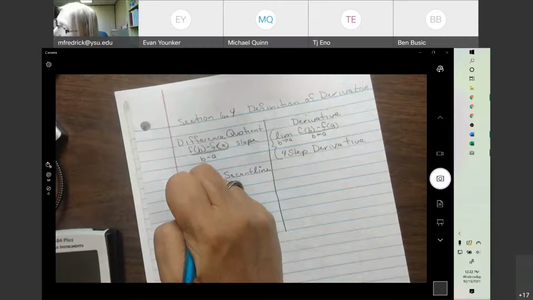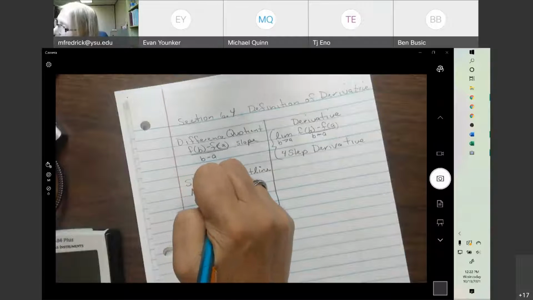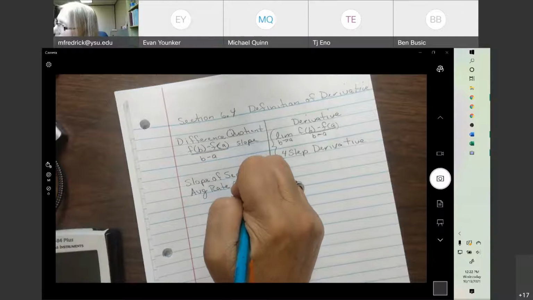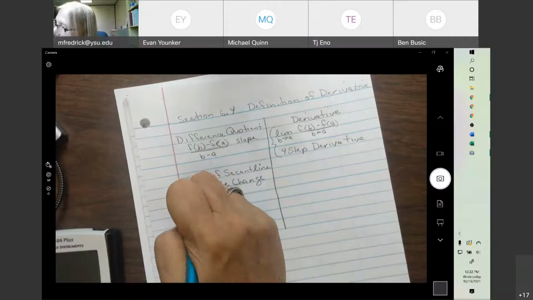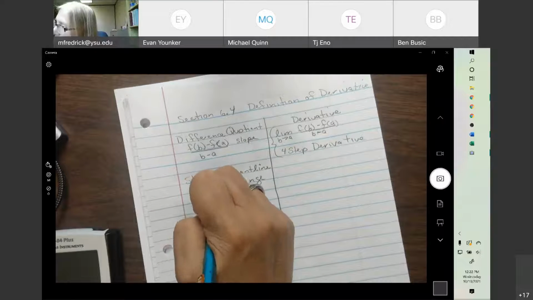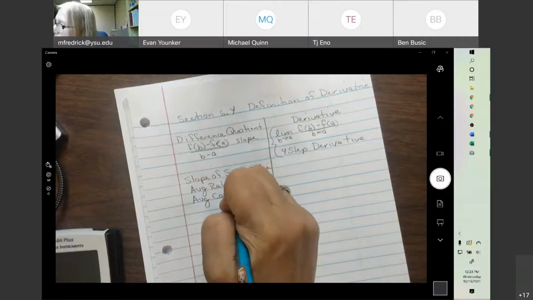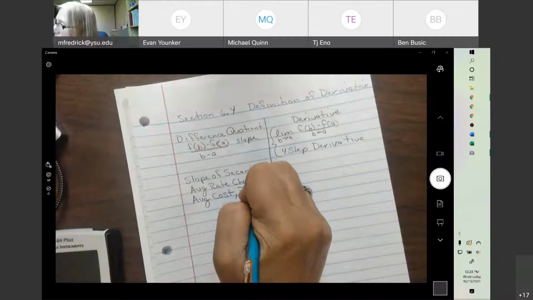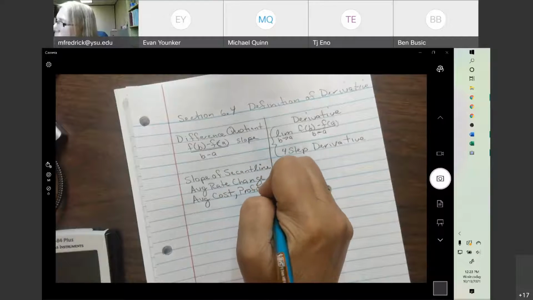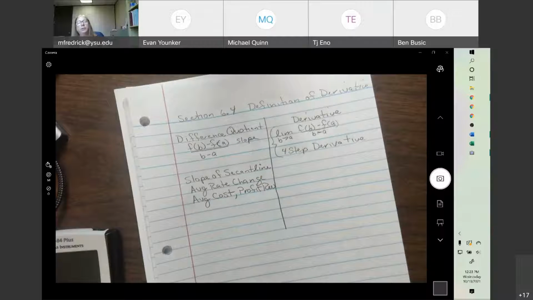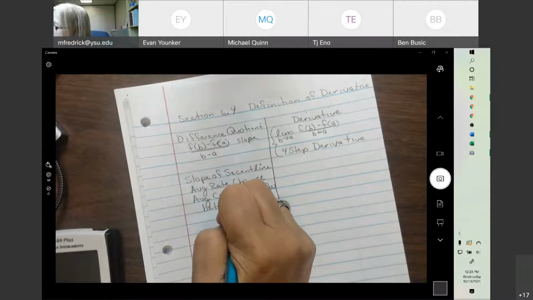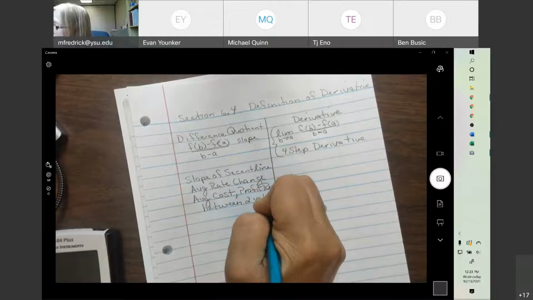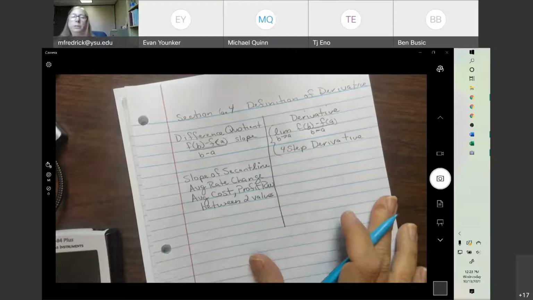It's average rate of change between 2 values, average cost, profit, revenue. So if you're looking for the average cost, profit, or revenue between 2 values, use the difference quotient or the slope.